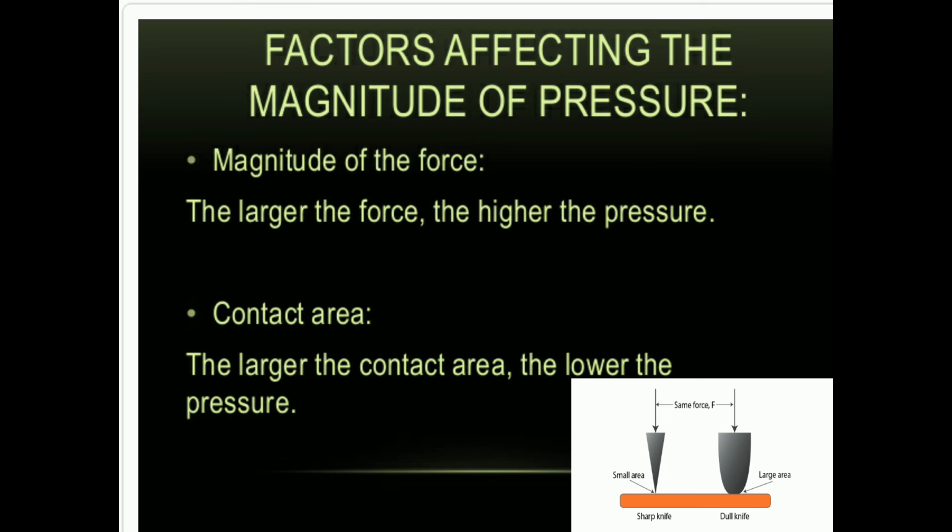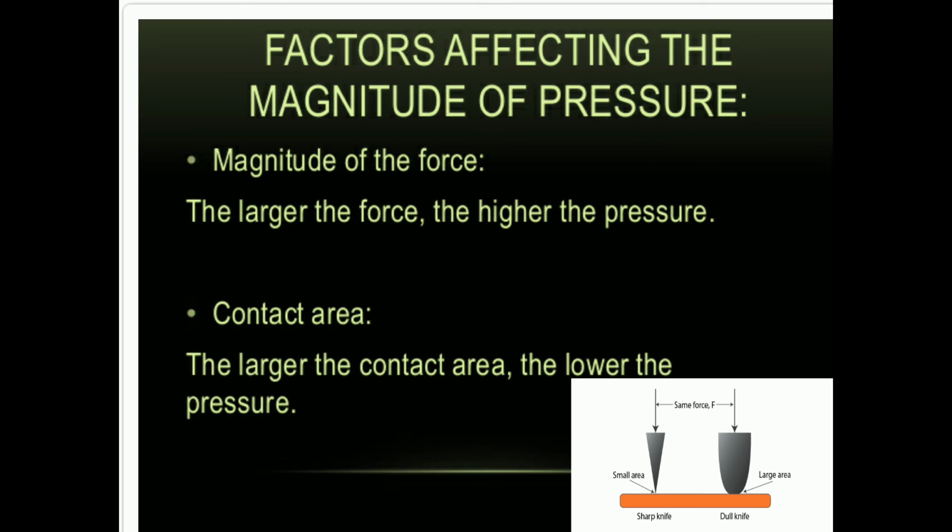First is the magnitude of force. If the force is more, then it produces higher pressure. Another factor is the contact area. The larger the contact area, the lower the pressure. If the contact area is smaller, then the pressure becomes larger.